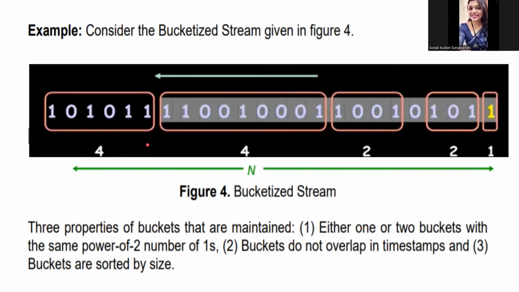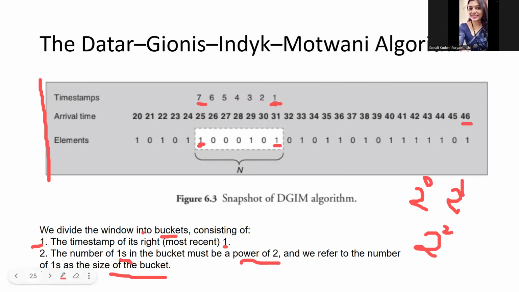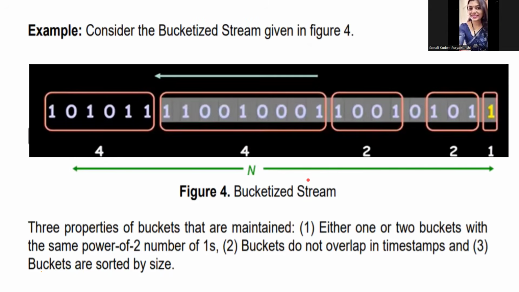First, pay attention to this diagram. This is the window that we have captured within the entire N, and in this window, I need to find the buckets. As we said, the timestamp of a bucket's rightmost element should be 1.